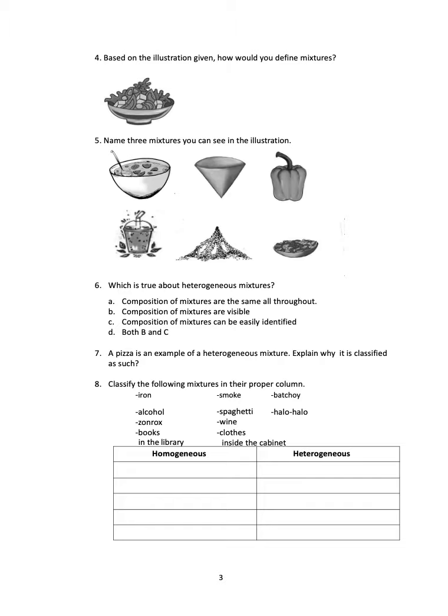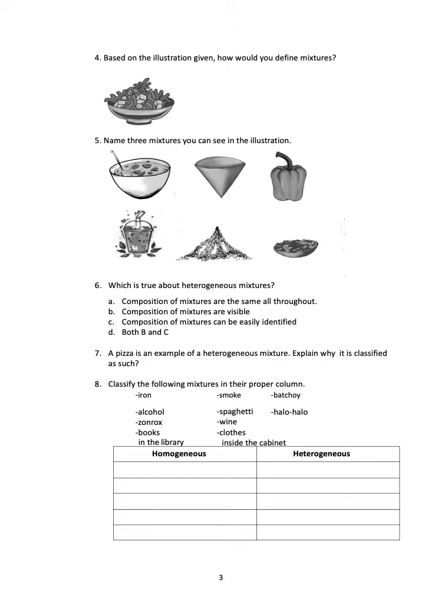So, number 8, you have to classify the following mixtures in their proper column. These are the different kinds of mixture, and below we have two tables, homogeneous and heterogeneous mixture. I-grupo nyo, you need to group the following mixtures dito sa table below.